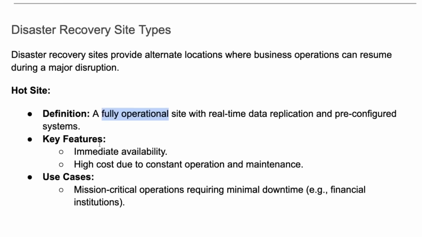The most readily available version of it is the hot site that has real data replication. Everything's pre-configured, ready to go, right? So a mission critical operation requiring minimal downtime would be, for example, a financial institution or a government entity or a hospital, right?